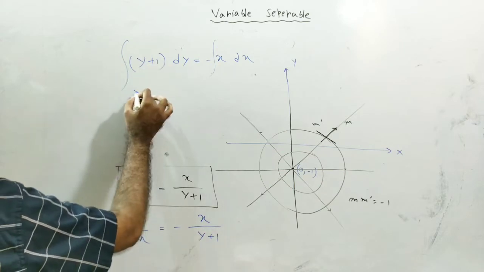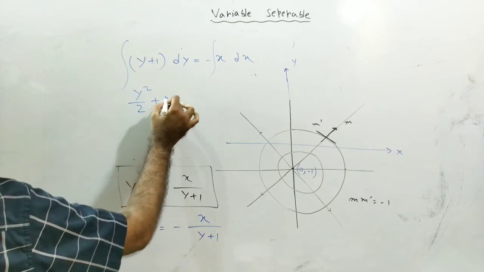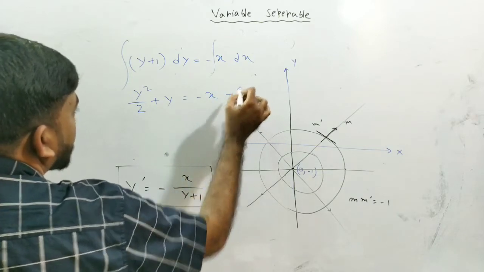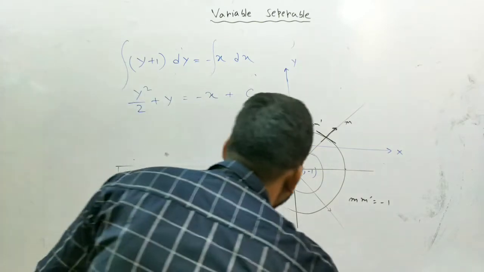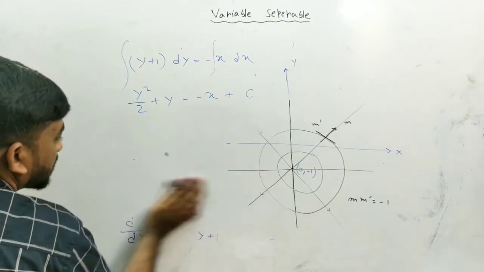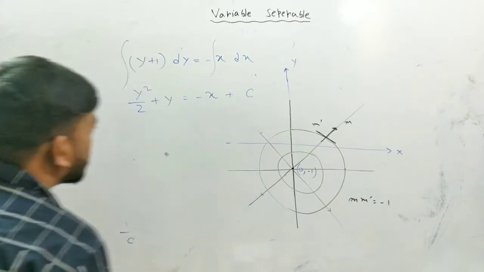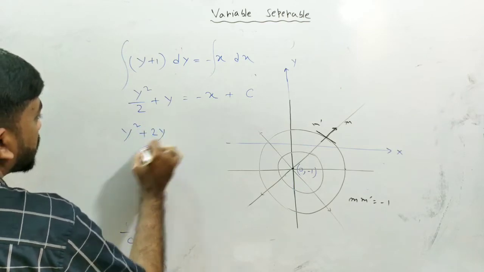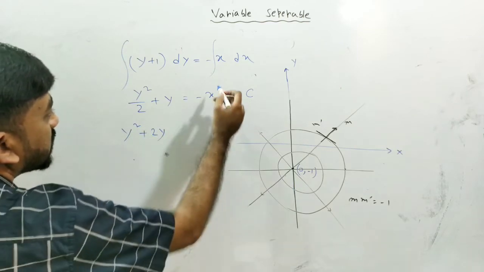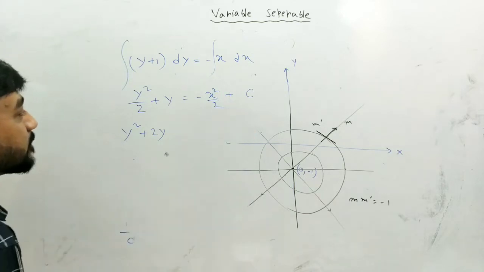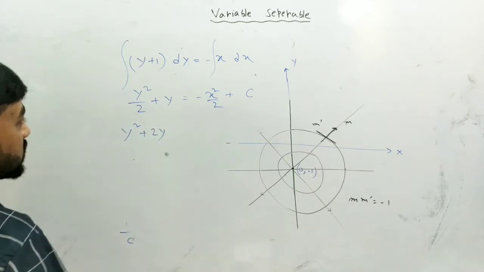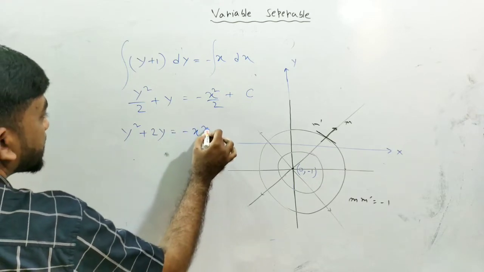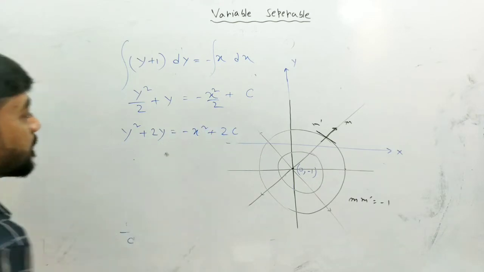This will be y square upon 2 plus y is equal to minus x square by 2 plus a constant c. If you multiply by 2, it will be y square plus 2y is equal to minus x square plus 2c.